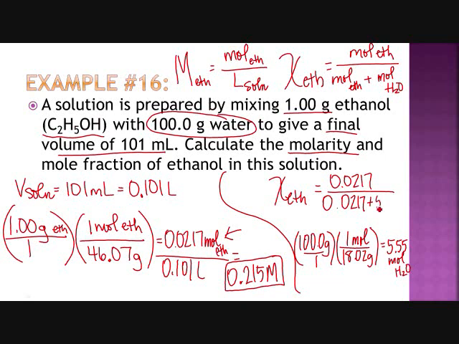Then that 5.55 would go in the denominator to add to the 0.0217. So the mole fraction of the ethanol, when you divide all that out, is 0.00389. So again, 0.00389.